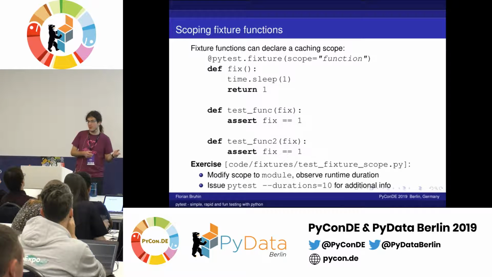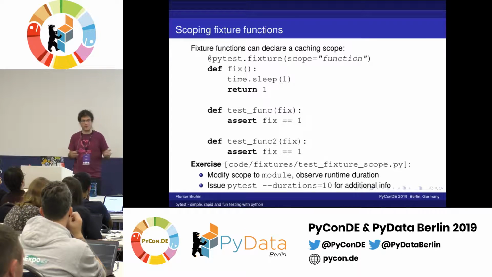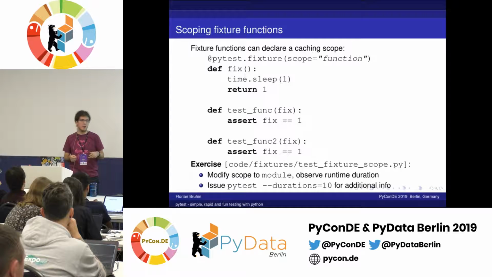In an ideal world tests would be independent from each other, but sometimes we just can't help it. We have some dependency which takes some time, so we just want to set it up maybe once per test file or even once for the whole test session. So PyTest fixtures can do that as well.